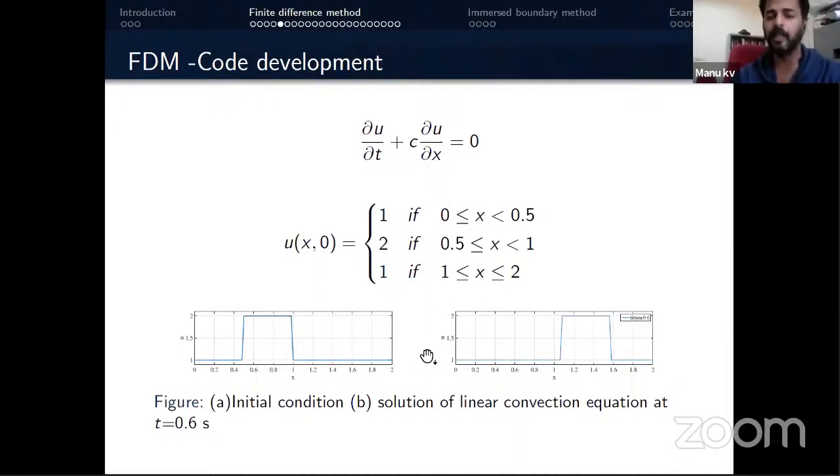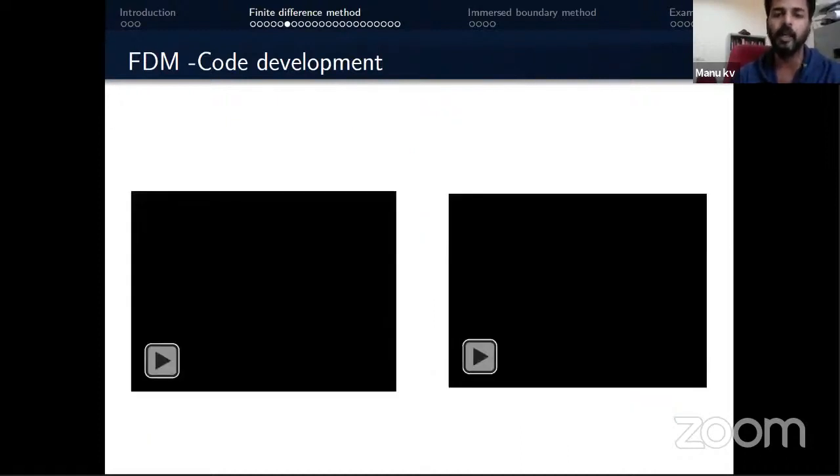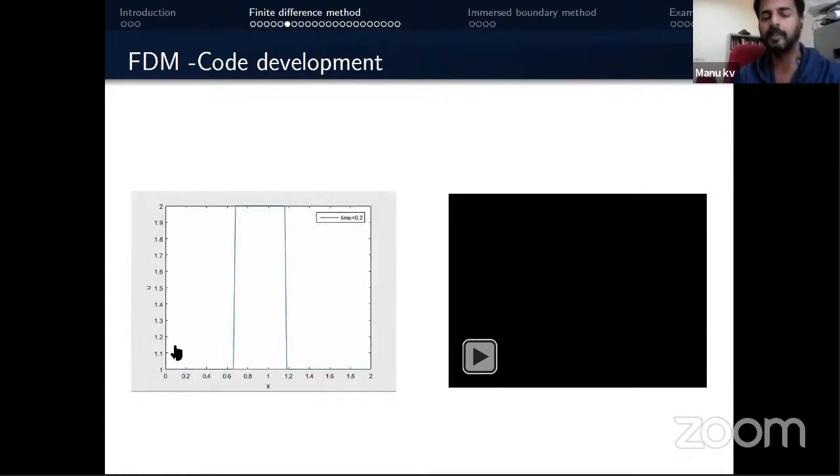Okay, now let's look at the solution of this equation. This is the solution which we get once we solve the linear convection equation.